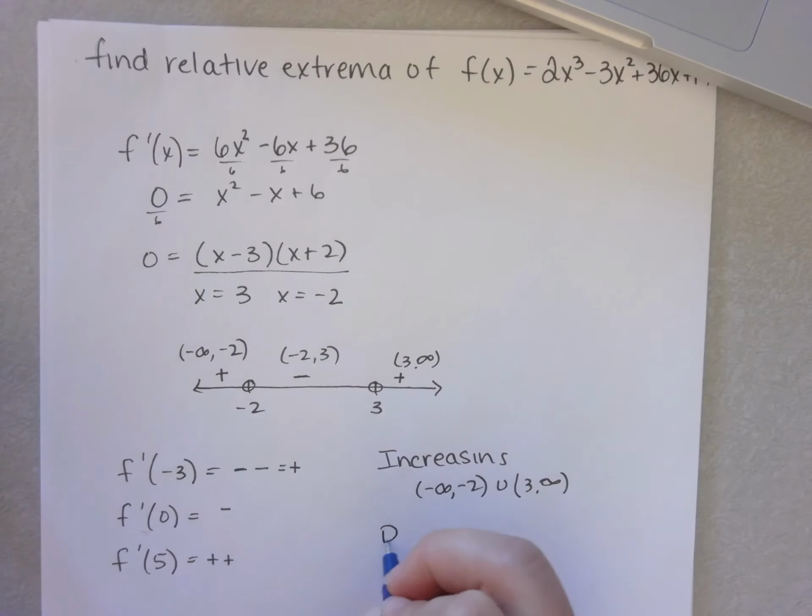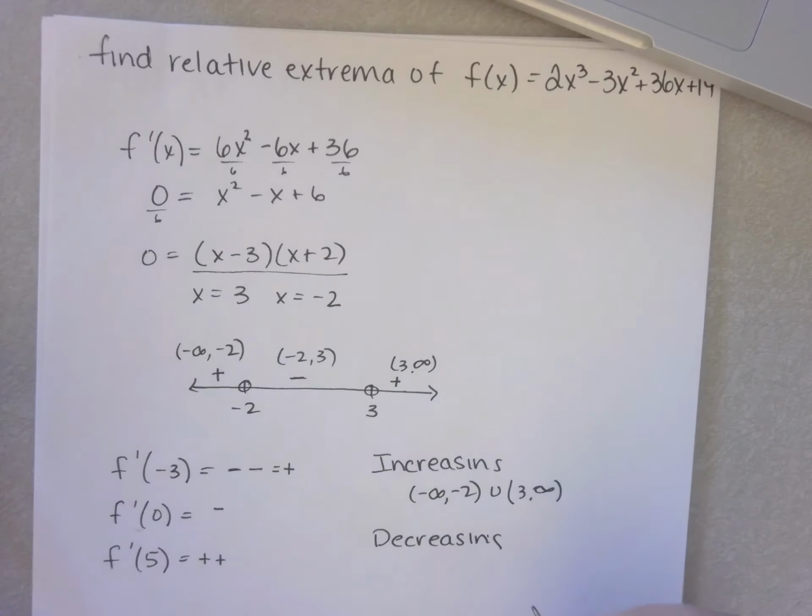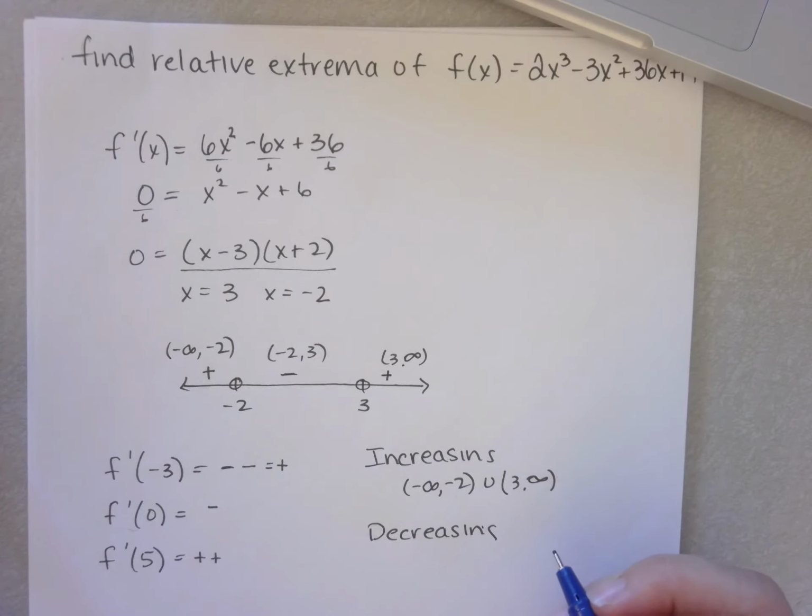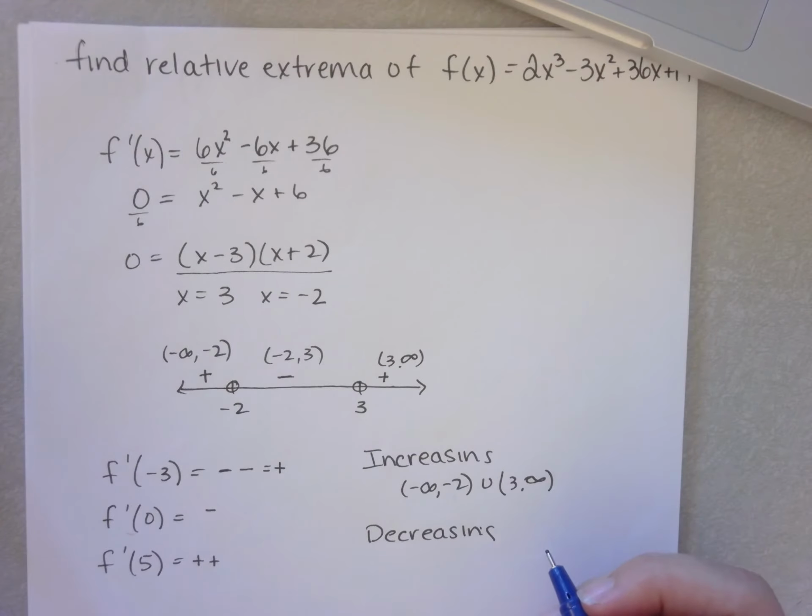And it's decreasing. Now, this is really kind of extra, because all I was asked for is to find the relative extrema, but it's good practice. It's decreasing between -2 and 3.